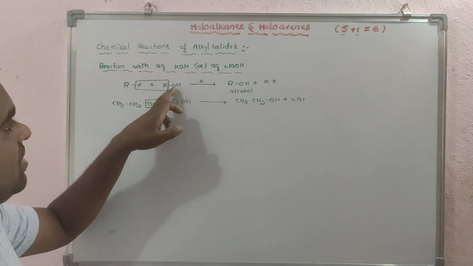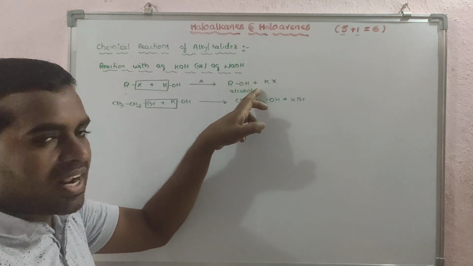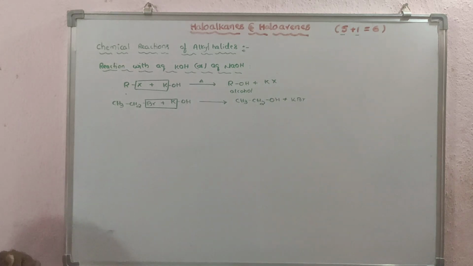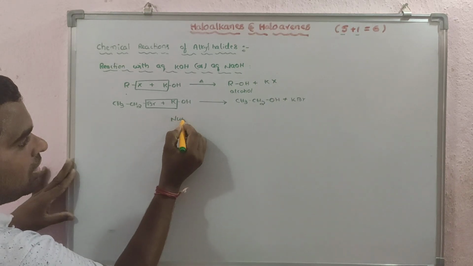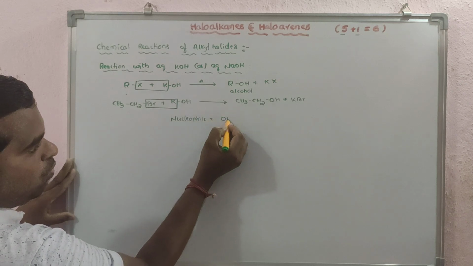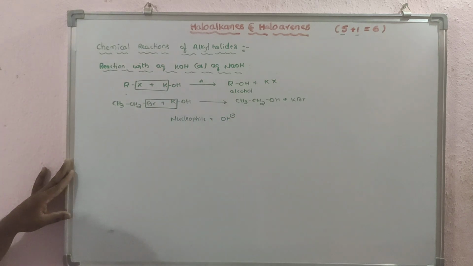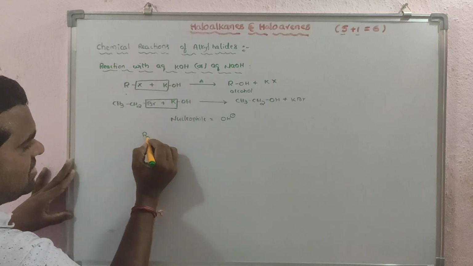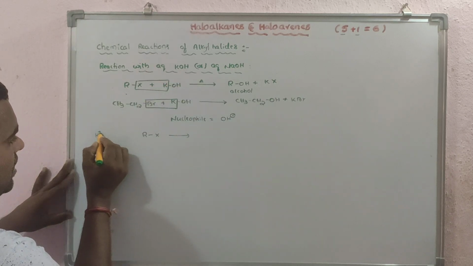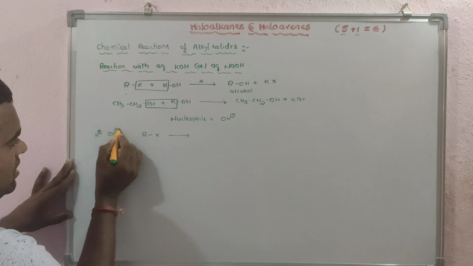Alkyl halide when treated with aqueous KOH gives alcohols. Clear? And this is one reaction. What is the nucleophile here? In this case, the nucleophile is OH minus. KOH means K plus and OH minus.